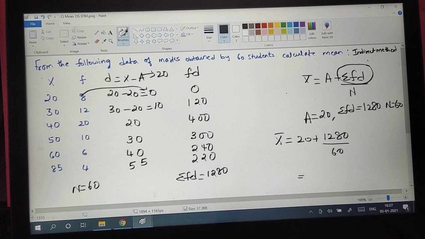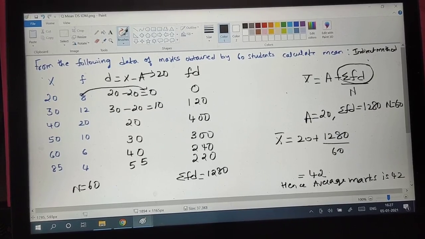You get your final answer, which would be the same, which is 42. So you can write the same statement. Hence, average marks is 42. This is how you will be dealing with your indirect method formula.